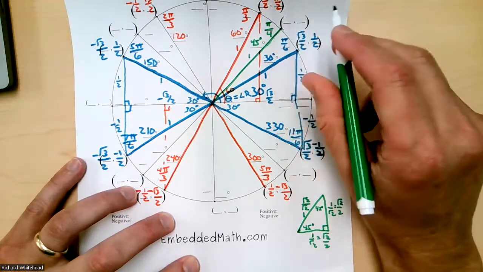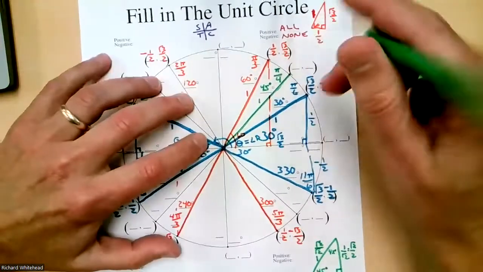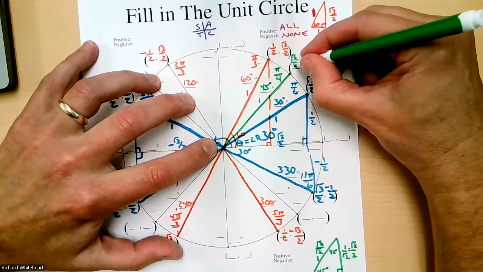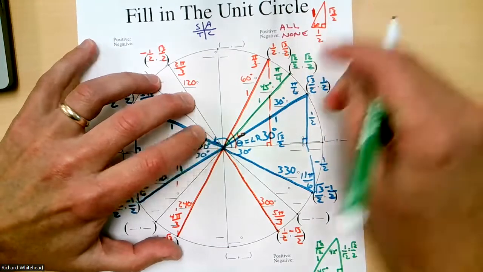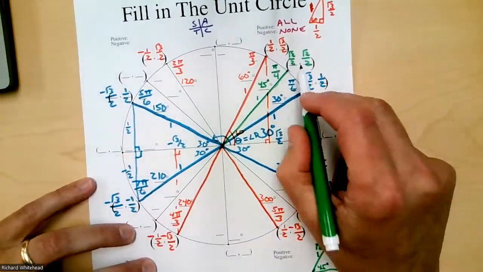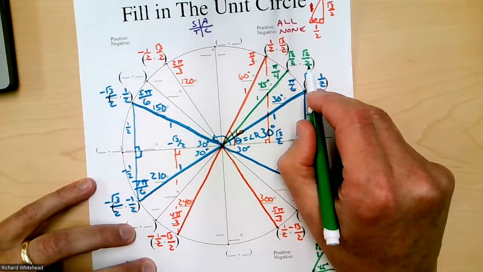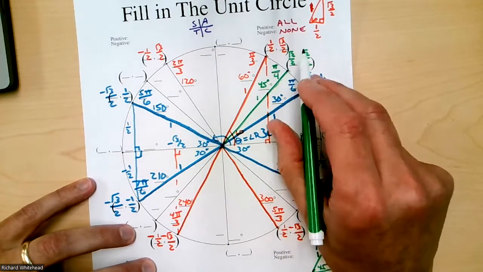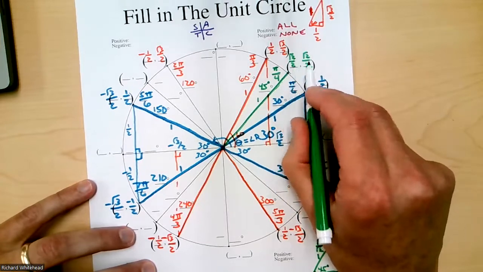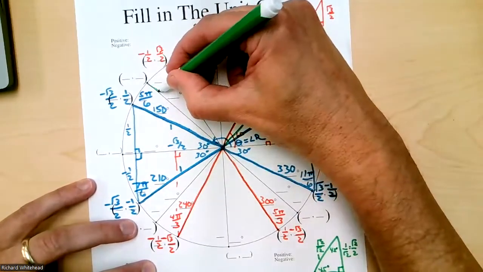So what it amounts to is the x's and the y's for the 45s are going to be root 2 over 2 every time. And in the first quadrant, they're both positive, no big deal.